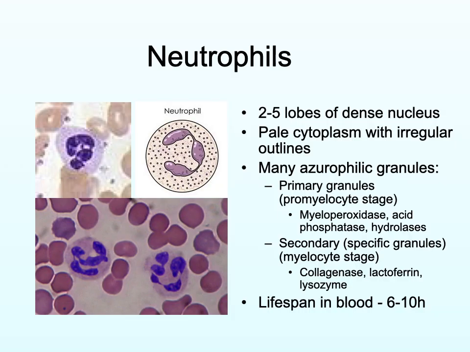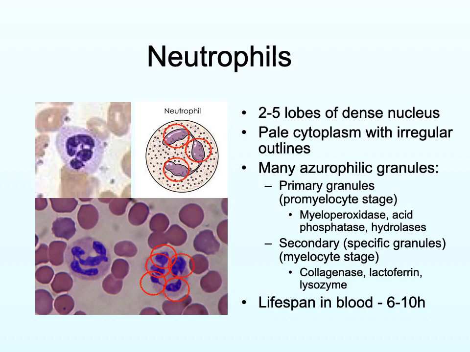So now, neutrophils. Under the light microscope, 2 to 5 lobes of dense nucleus are visible. 1, 2, 3. 1, 2, 3, 4, 5 here.